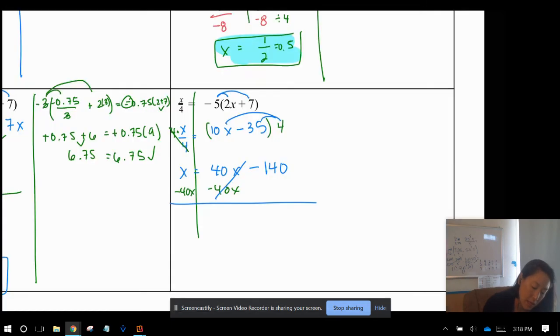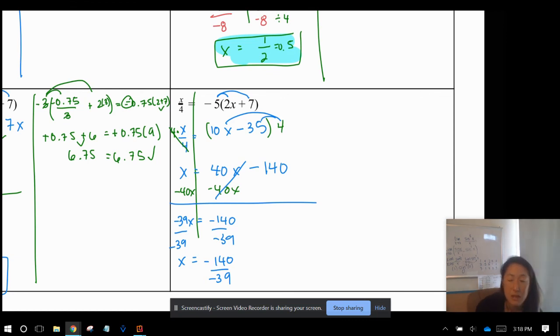And I get negative 39x is equal to negative 140. Then divide by negative 39. And x is equal to negative 140 over negative 39. And I don't think anything divides out of 140 and 39, so we can leave it like that.